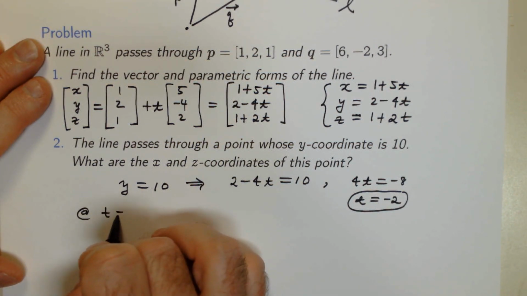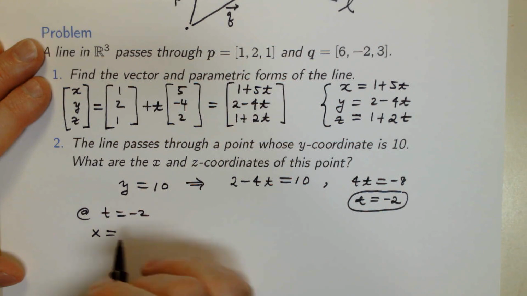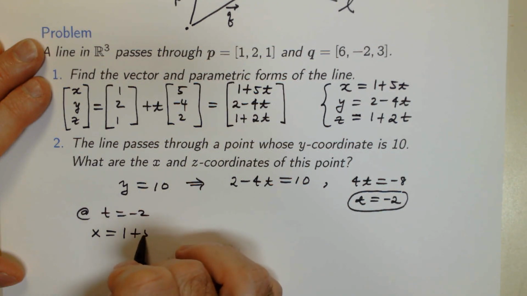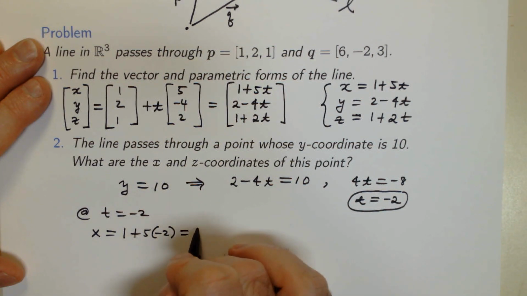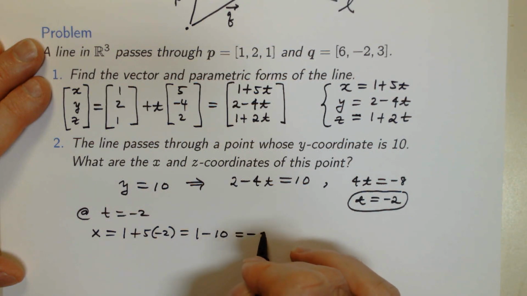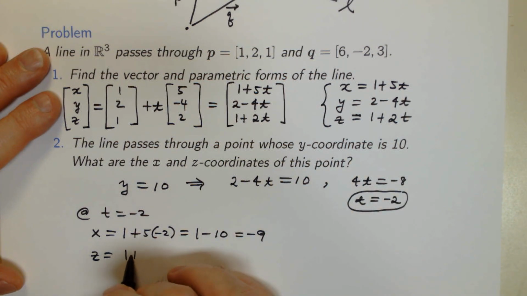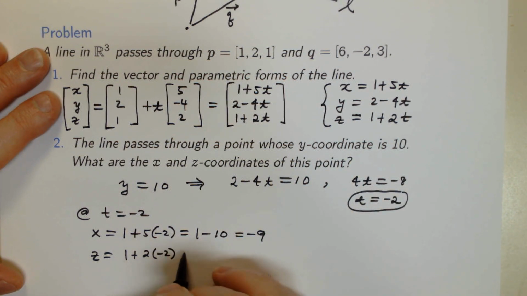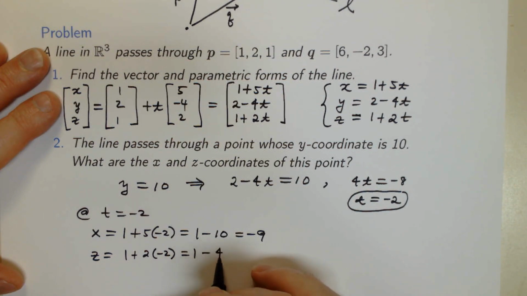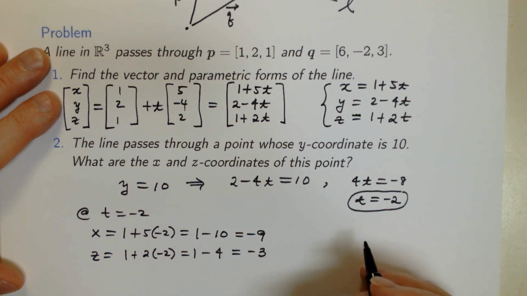So at t equals negative 2, x is equal to 1 plus 5 times negative 2, 1 minus 10, or negative 9. And z is equal to 1 plus 2 times negative 2, or 1 minus 4, or negative 3.